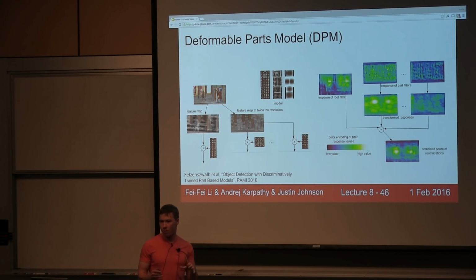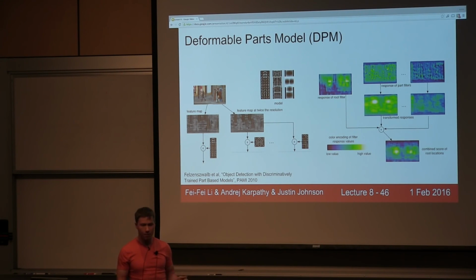One of the most important detection paradigms pre-deep learning was the deformable parts model. I don't want to go too much into the details, but the basic idea is that we're still working on these histogram of oriented gradient features, but now our model, rather than just being a linear classifier, has a linear template for the object, and also templates for parts that are allowed to vary over spatial positions and deform a little bit.